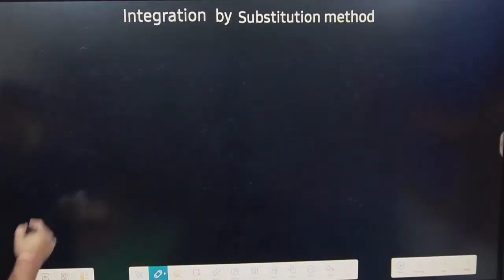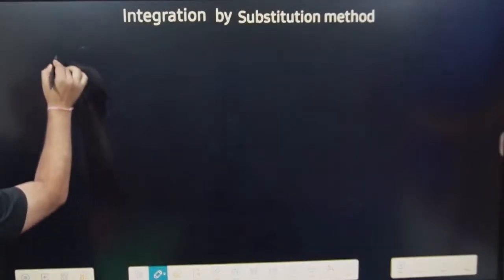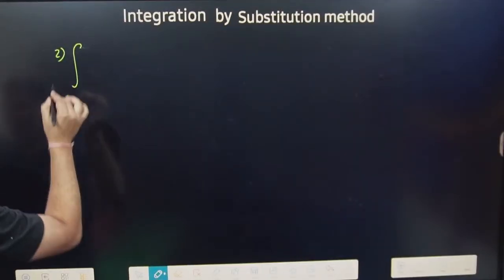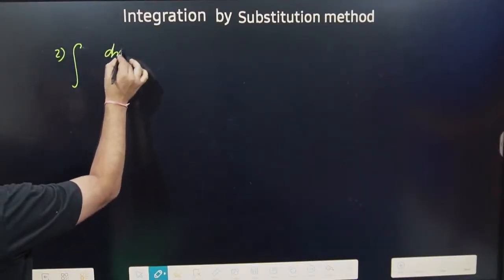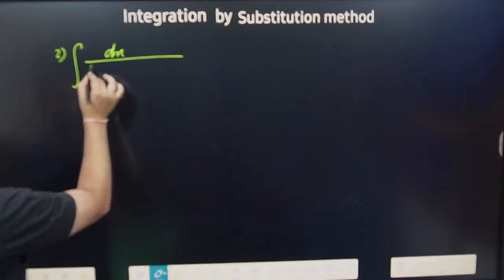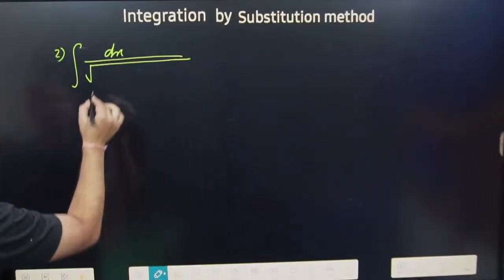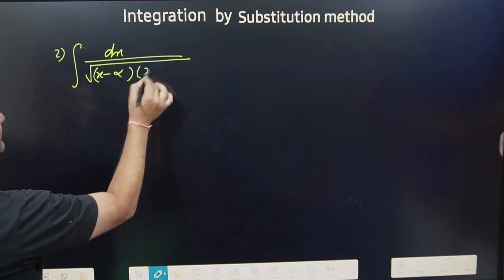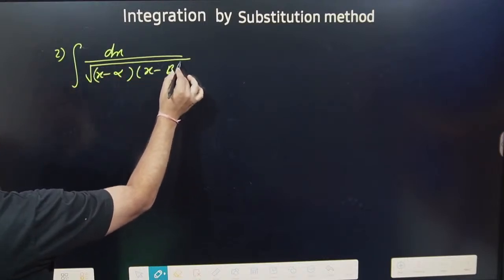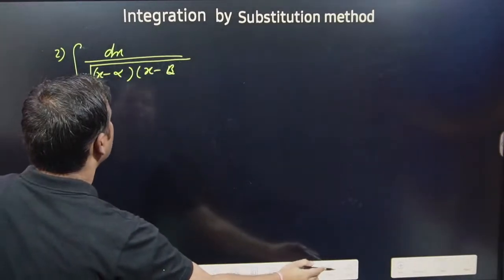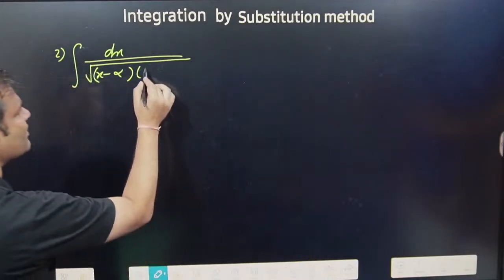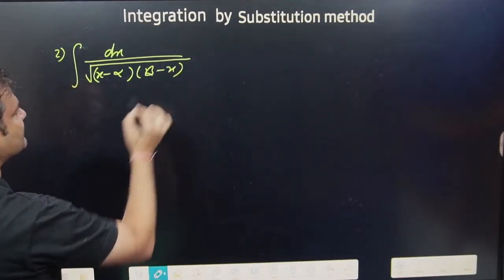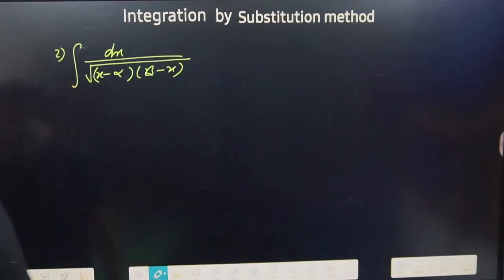Next question is the integration of dx divided by under root of x minus alpha into beta minus x, dx.